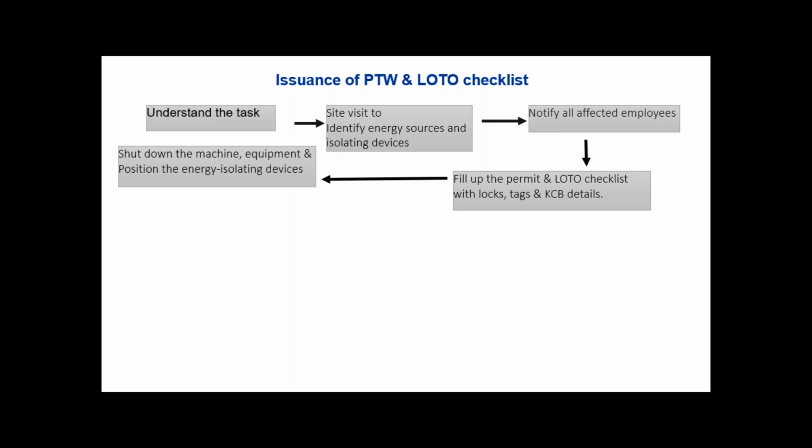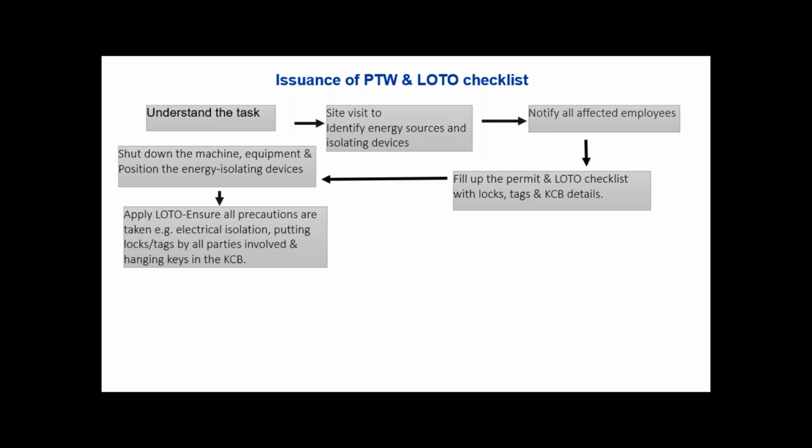Then you have to go for the shutdown of the machine and equipment and position the energy isolating devices. So depending on your activity requirement, you have to shut down the machine or you have to shut down the equipment.